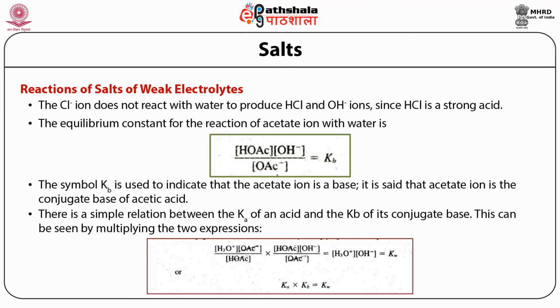It means we can write Ka times Kb equals Kw.